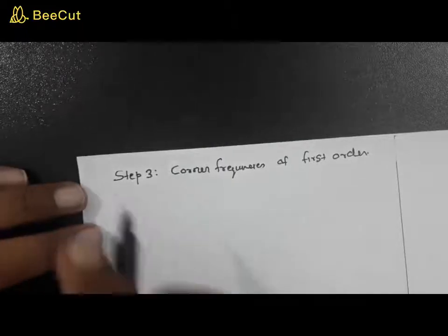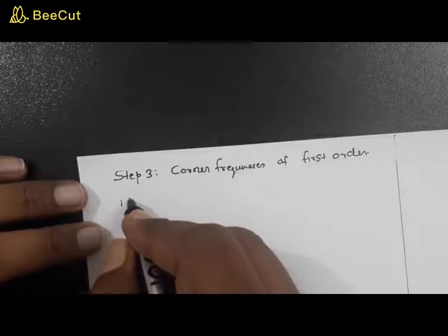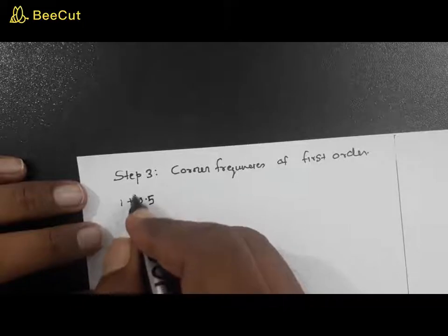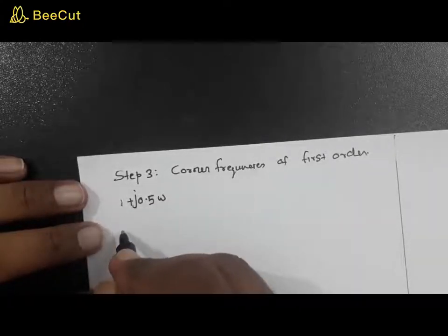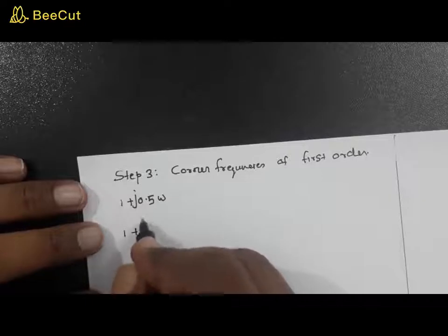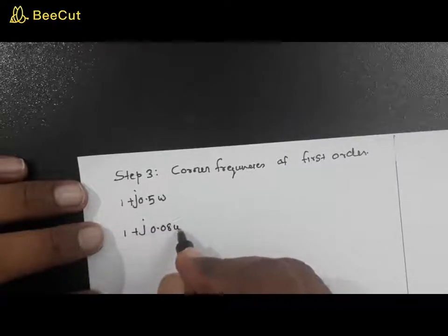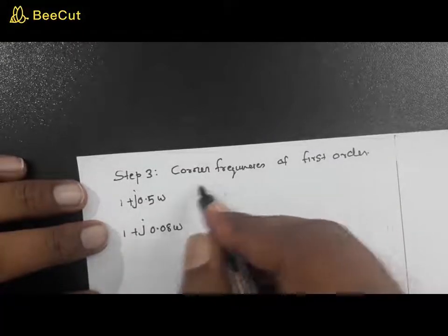You have two terms in this problem: 1 plus j into 0.5 omega and 1 plus j into 0.08 omega. Yesterday we found how to find the corner frequency.